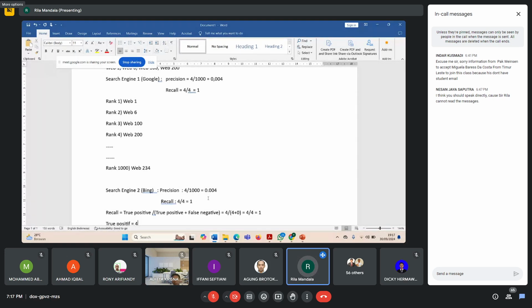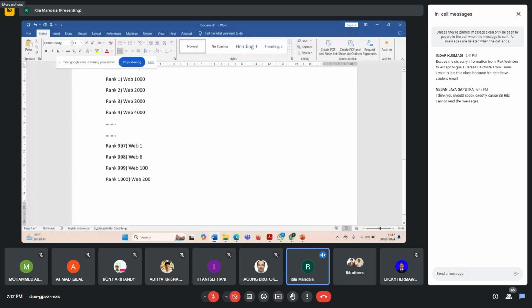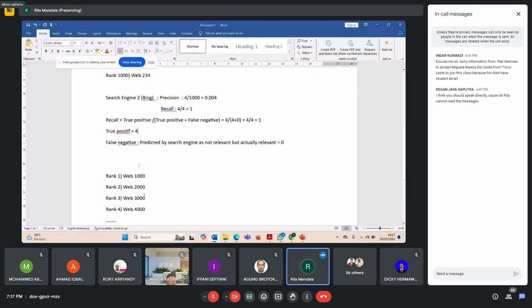Because Google puts the relevant document on the very top rank, rank 1 until rank 4. And Bing puts the relevant document in the very lowest rank, from rank 997 to rank 1000. Google is far, far better.